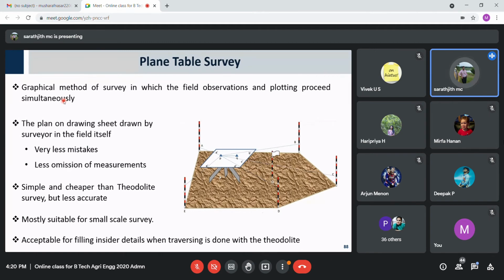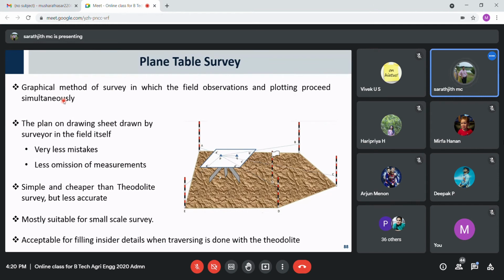As you are directly plotting all the details in the field itself, it will reduce the mistakes. If you feel there is some mistake, you can straightaway take one more observation for more clarity and to ensure that there is no error in your measurement.